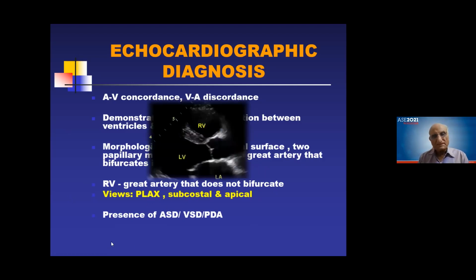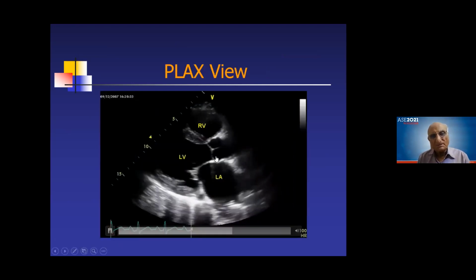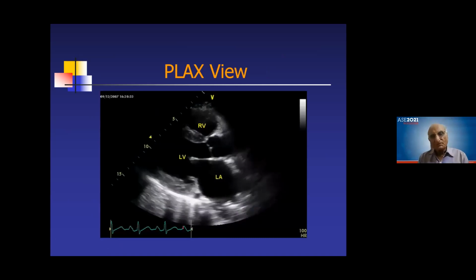Now you see, this is normal. If you do a suprasternal view, you can see the ascending aorta going toward the neck, and the great vessel branches also coming from the neck.